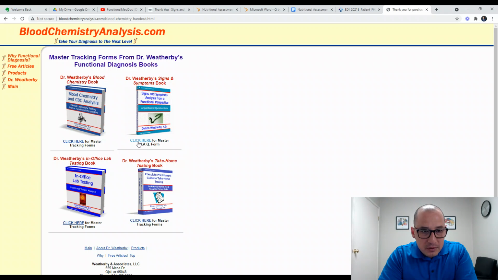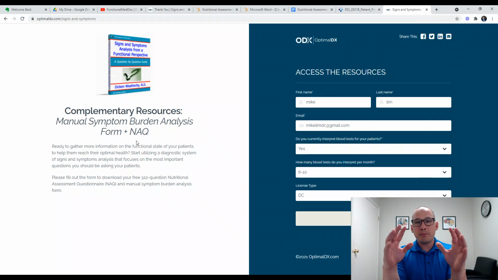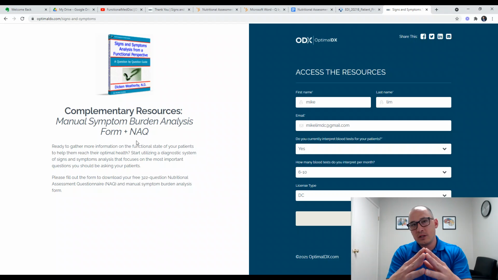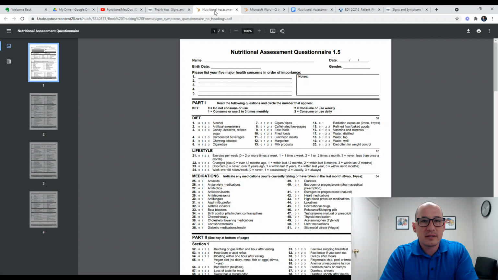But for purposes of this, I'm going to bring you over here where it says, click here for Master NAQ form. NAQ stands for Nutritional Assessment Questionnaire. This is designed for doctors, but I guess anybody could come over here and submit and get information. When you put in your information, you're going to have the ability to access this right here.